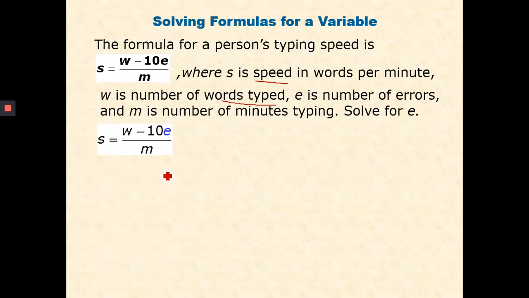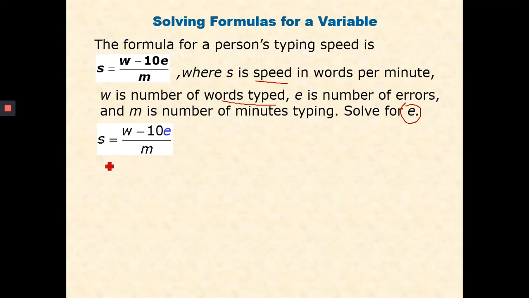Solve for E. So you are going to isolate E. And your E is on the right side of the equation. And it is a fraction. Okay? So you can see here, W minus 10E all over M. That is taken as one term.